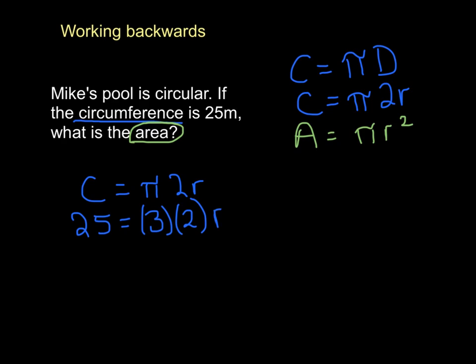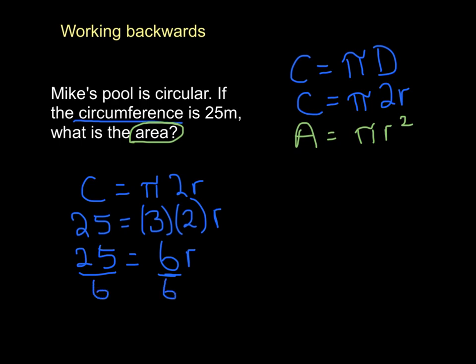So 25 equals 3 times 2, which is 6, times r. A lot of people were getting a little bit confused at what you do here in order to get the r on its own. To get the r on its own, we would divide both sides by what's in front of the r, because we want to get rid of this number here. So we would divide both sides by 6.